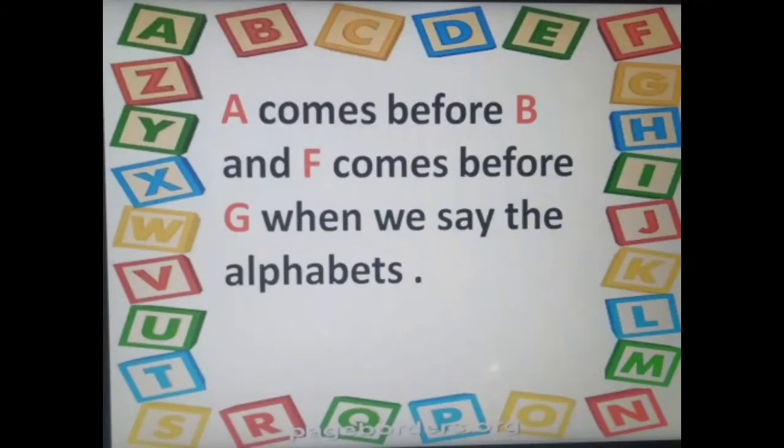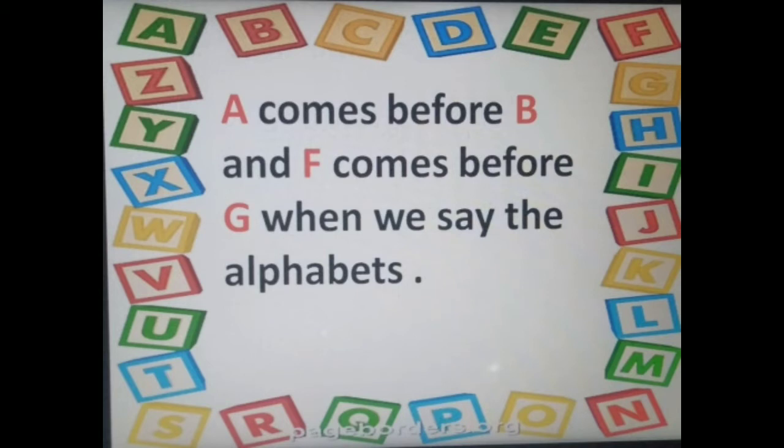Now let us read what is in this picture. A comes before B. Is it correct? We will see. A, B, C. Yes, A comes before B. Now further we will go on. And F comes before G. Is it correct? Again we will recall the alphabets.